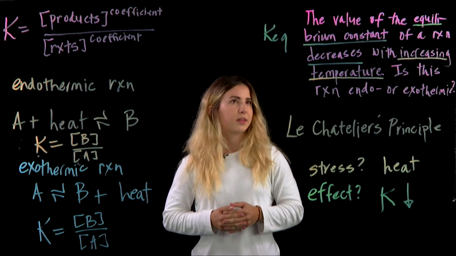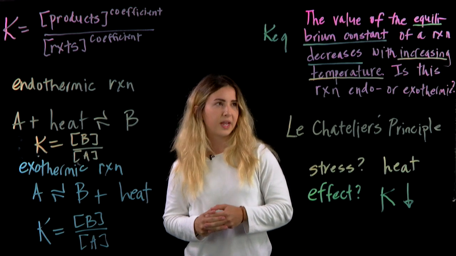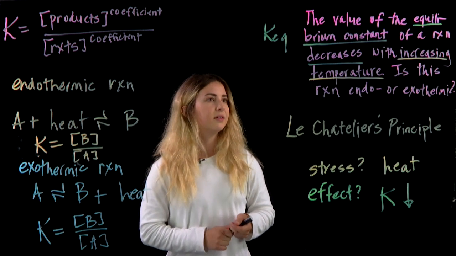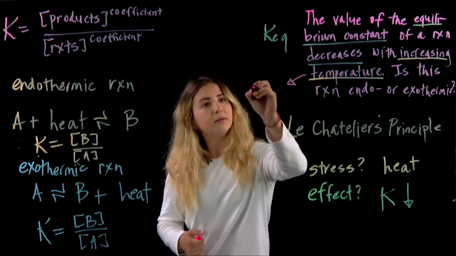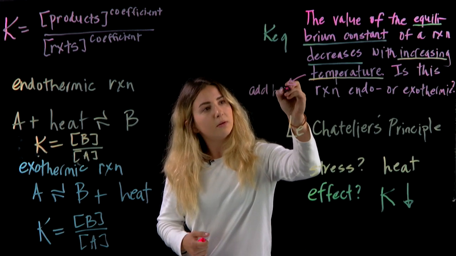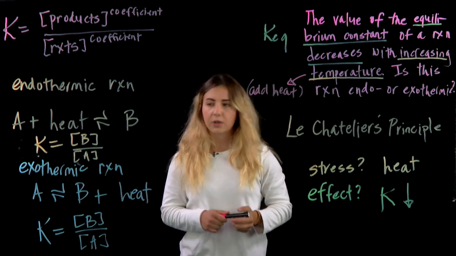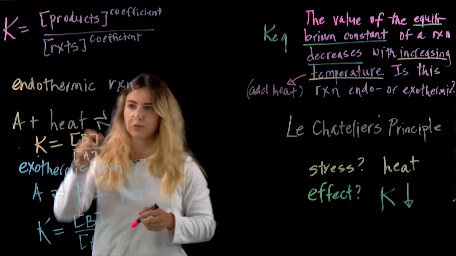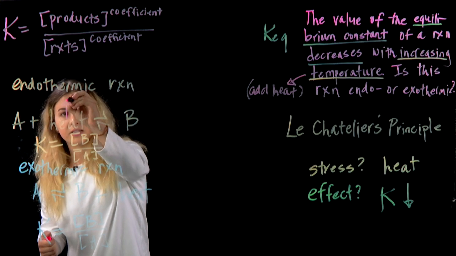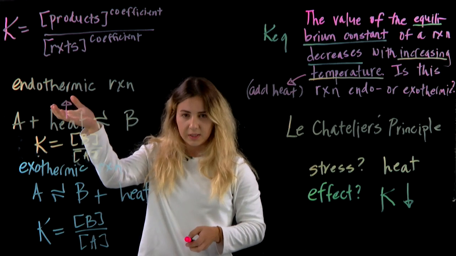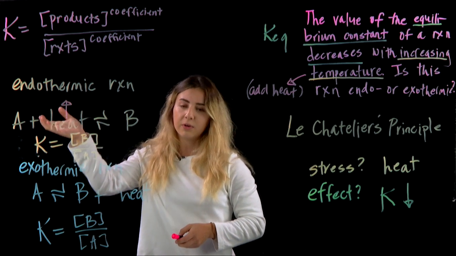So here it says that the equilibrium constant will decrease when we add heat. Increasing temperature just means adding heat. So when we add heat, let's start with this first one. When we add heat to this endothermic reaction, we're increasing the number of reactants that we have.